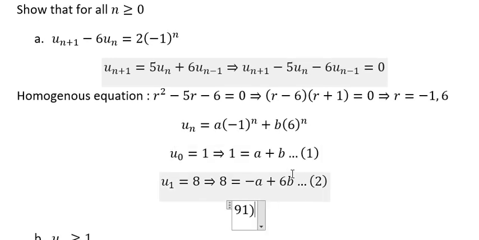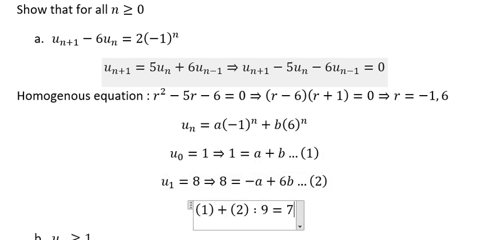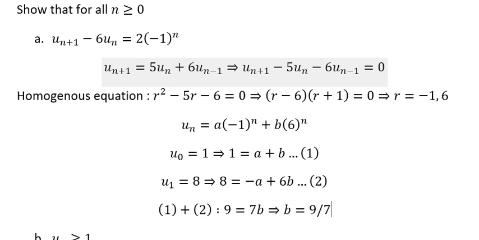Start by adding equation 1 plus equation 2. Left hand side is 9 equal to a minus a is 0, 1 plus 6 is 7, so 7b, which means that b is equal to 9 divided by 7.